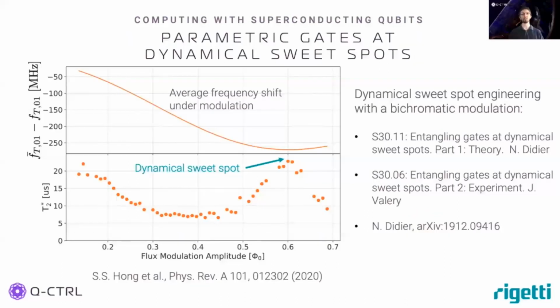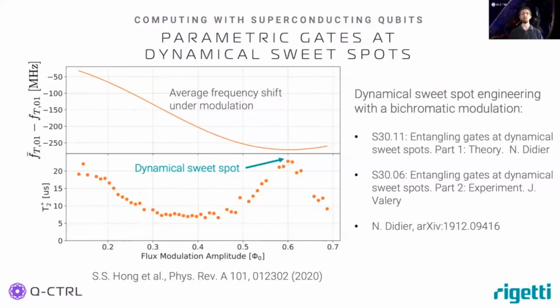To compute with these gates in practice, we need to be aware of the noise processes that impact their performance. Flux noise can significantly reduce the fidelity of parametric gates. However, AC or dynamical sweet spots have been derived and demonstrated, which render the gates first-order insensitive to 1/f flux noise.